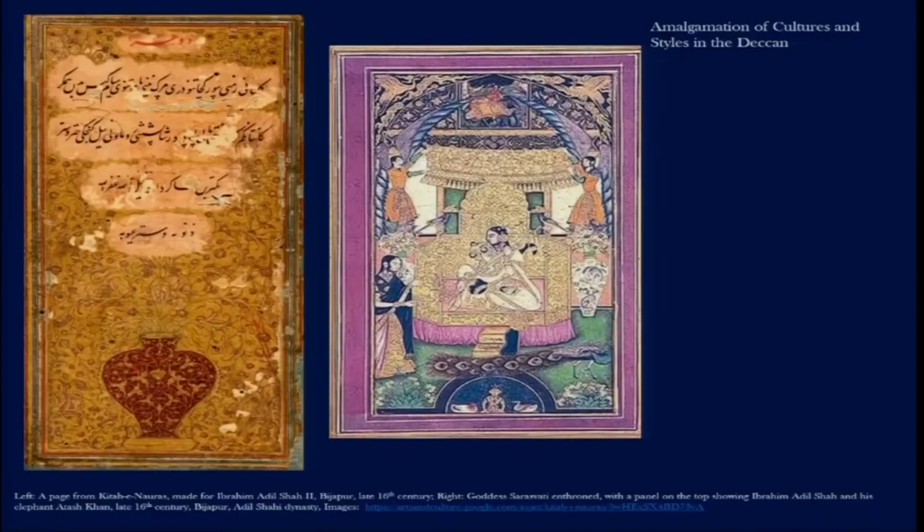So, Banda Nawaz Gesudaraz is perhaps the most revered Sufi saint in the Deccan region, whose tomb is there in the town of Gulbarga today. After his arrival in the Deccan, it has been believed that he is the most important and most revered Sufi saint in the entire Deccan region.